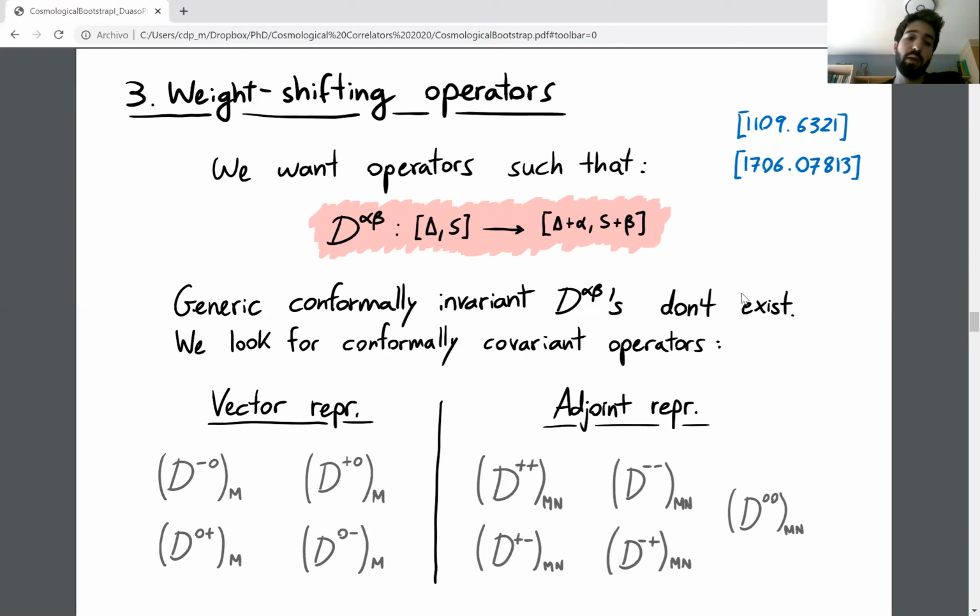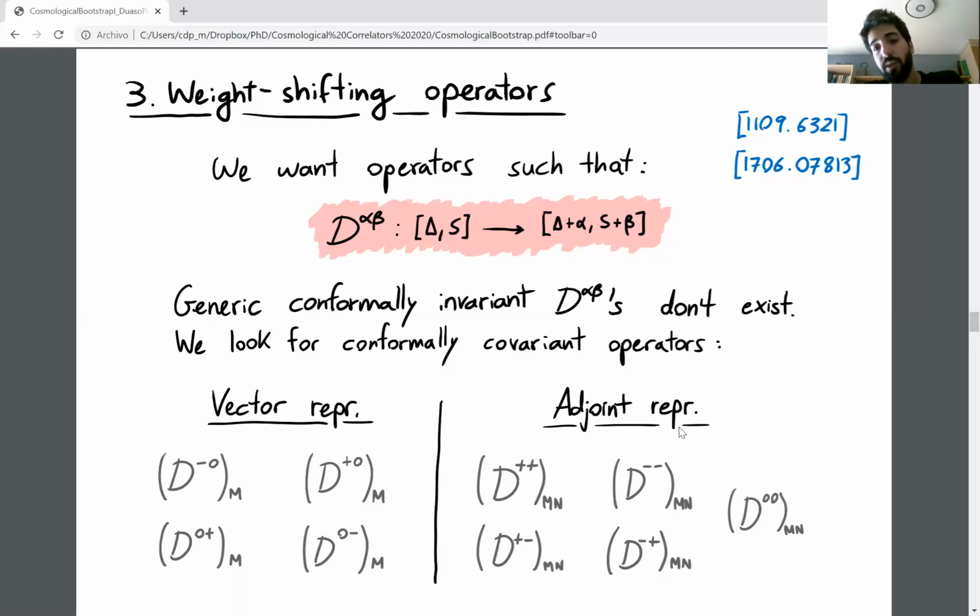And for example, by looking at the vector representation, they found that these 4 different weight shifting operators can exist. One operator that lowers the weight by 1 unit and leaves the spin untouched. Another one that raises the weight and leaves the spin untouched. Another one that leaves the weight untouched and raises the spin. And another one that lowers the spin. And they are in the vector representation, so they have one free Lorentz index.